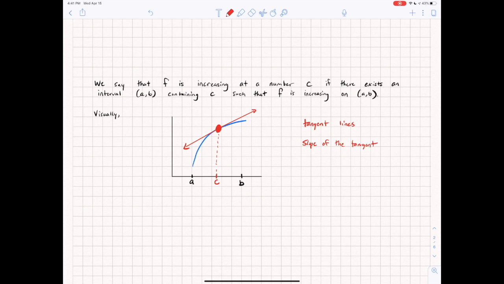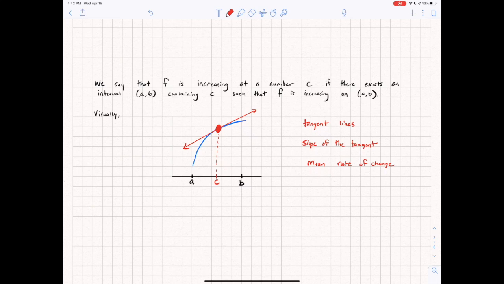Well, if we're finding the slope of the tangent line, I'm looking at its rate of change. And if my function is increasing, it doesn't matter where I pick c, this tangent line will always have a positive slope, right? It's always going to be increasing as a slope because my function itself is increasing. Its rate of change is going to be positive. So my slope will be positive.